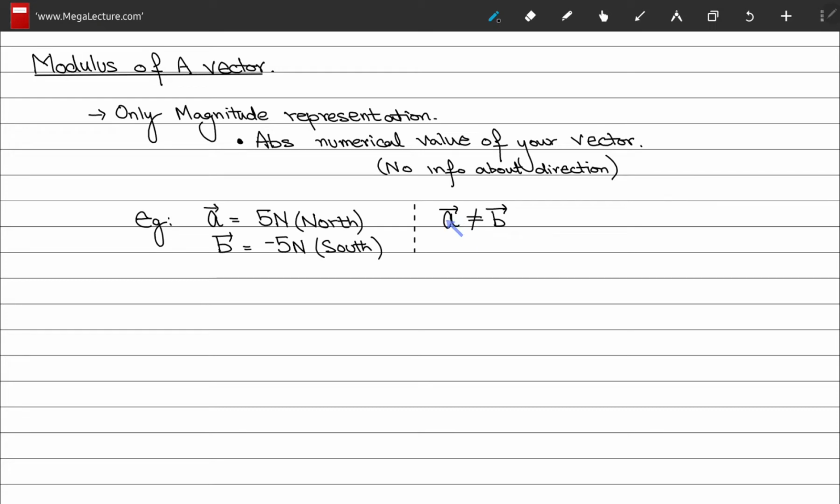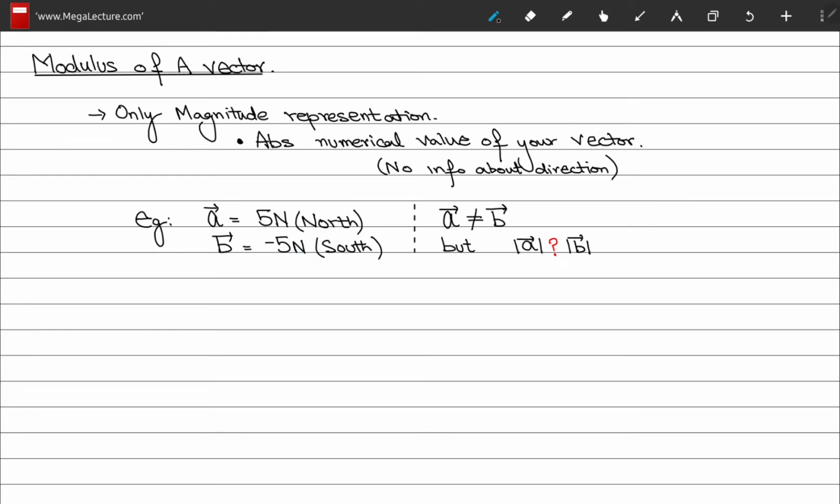So clearly vector A is not equal to vector B, and note that I am using the words vector A and vector B, right? But what about the magnitudes of these vectors? What symbol should I put over here? Are they equal or are they not? Well, we know the magnitude of vector A is simply 5 newtons, right? And if you take the magnitude of vector B, it would eliminate the direction, which means it would eliminate this negative sign, which was giving you the information regarding the direction of this 5 newtons.